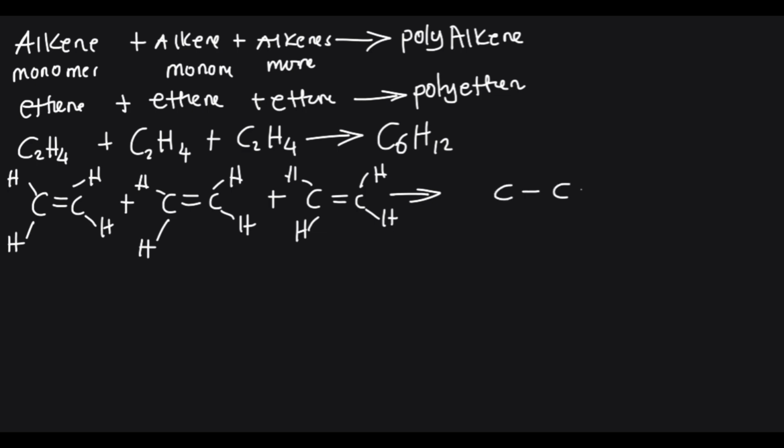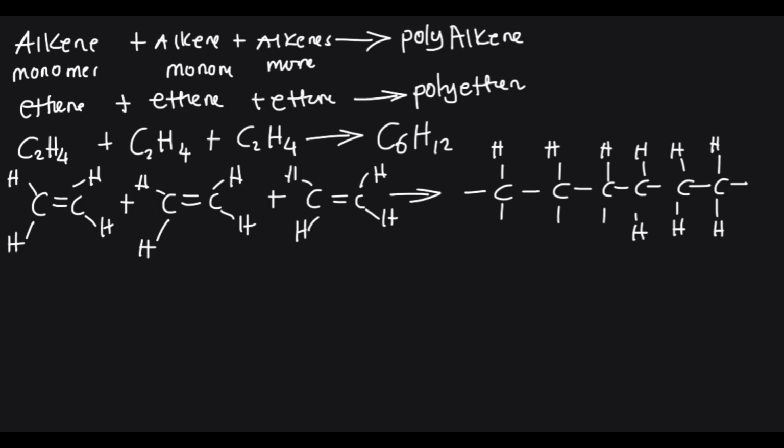So we are going to have single bonds between the 6 carbons. Then how many hydrogens do we have? We have 12, so we have 1, 2, 3, 4, 5, 6, 7, 8, 9, 10, 11, 12. Now you can see that we have two bonds that have no hydrogen atom. So these two bonds must just be written like this.